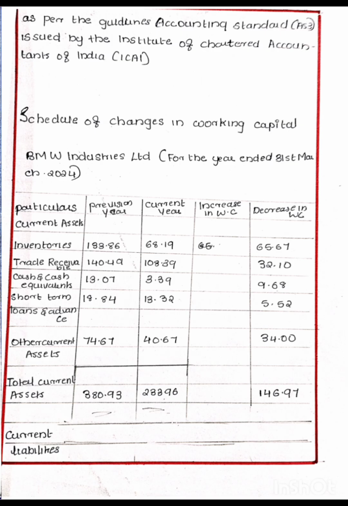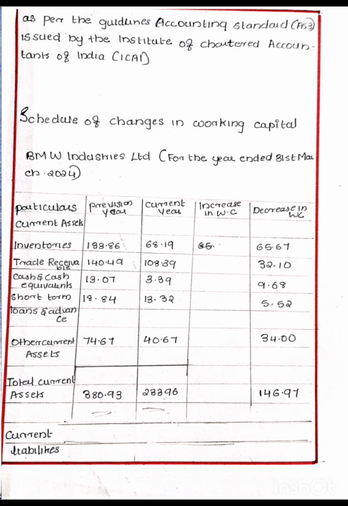Then the schedule of changes in working capital. Current assets: inventories are 1033.86 in the previous year and 68.19 in the current year, decrease in working capital 65.67. Then trade receivables 140.49 and 108.39 in the current year, decrease in working capital 32.10.